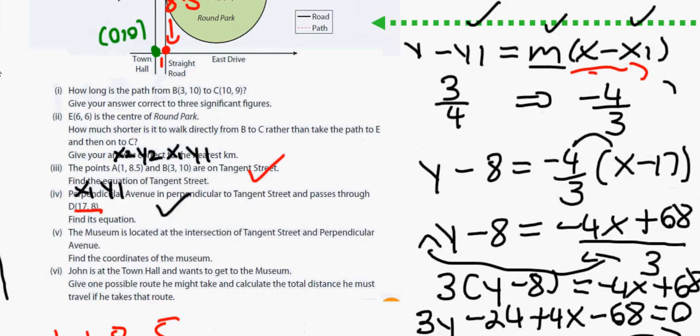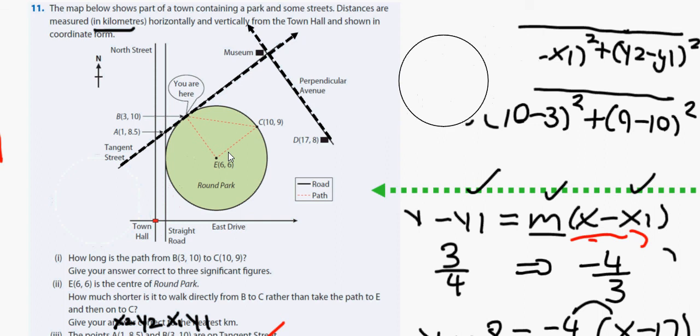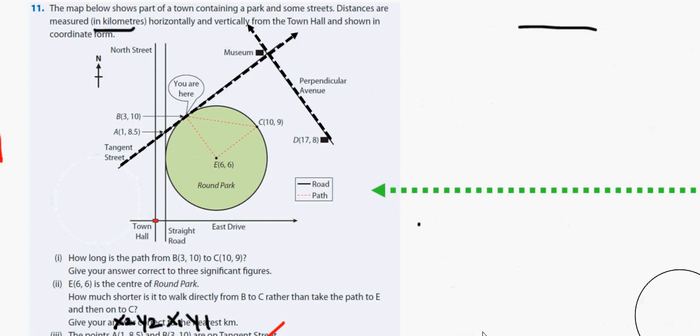Now he wants to get from 1, 8.5, which is located here, to the museum. And we know the museum is located at 11, 16.